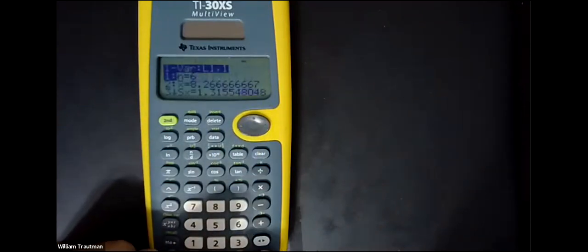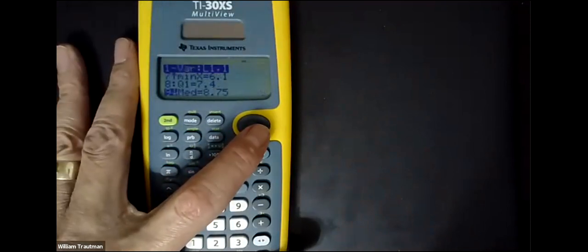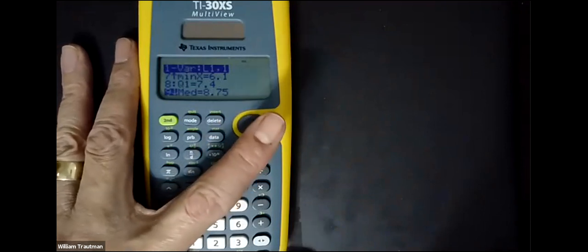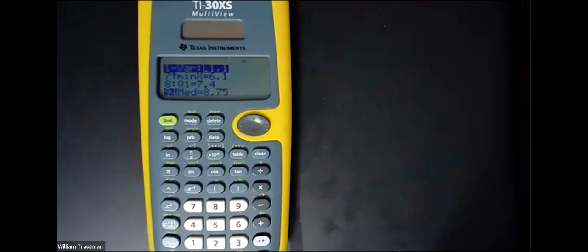When I arrow down to calculate, I hit enter, and I get a mean, once again average, of 8.27 when rounded to 2 decimal places. And if I scroll down to number 9, median 8.75. So I got the same thing using the calculator to get the answers and actually working them out.